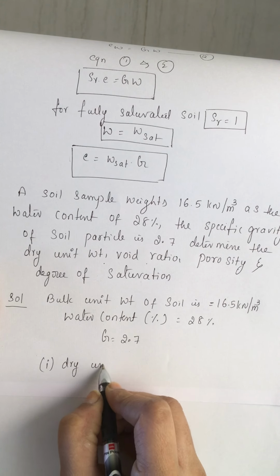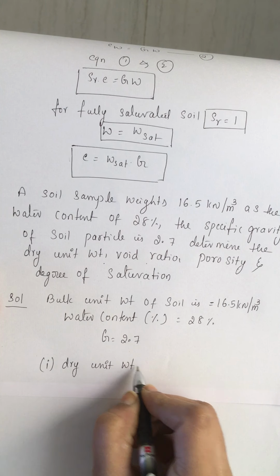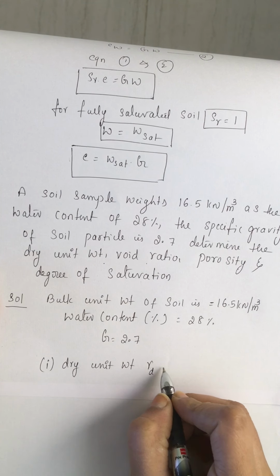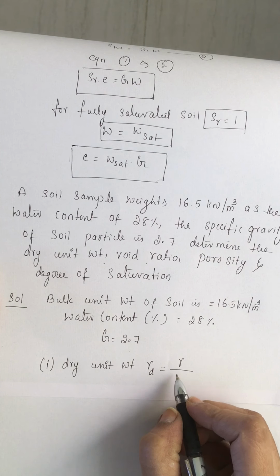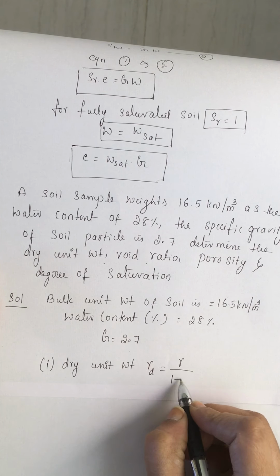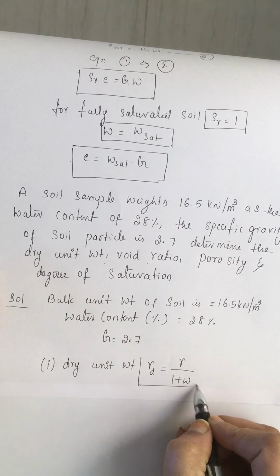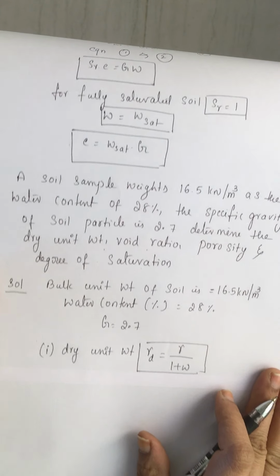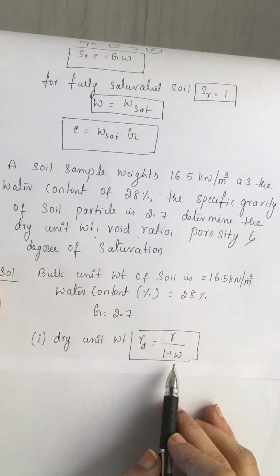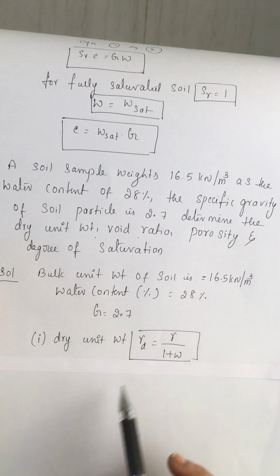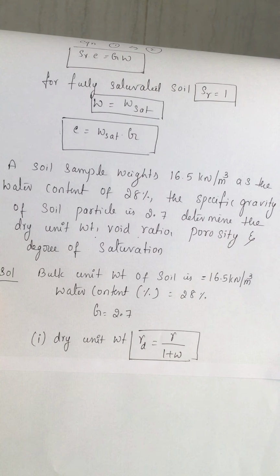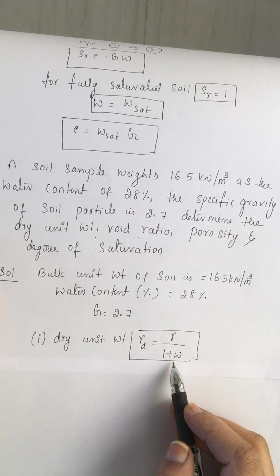Dry unit weight is found by using the formula gamma D is equal to gamma divided by 1 plus W. If they have given the water content, the formula will be 1 plus W. If they have not given any water content, you can take the total volume of the soil.